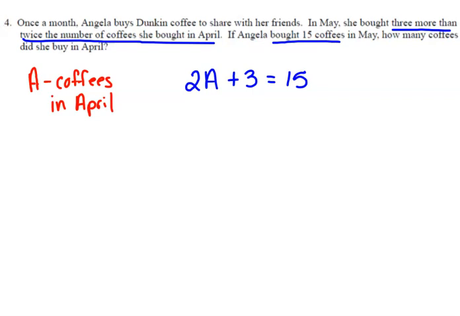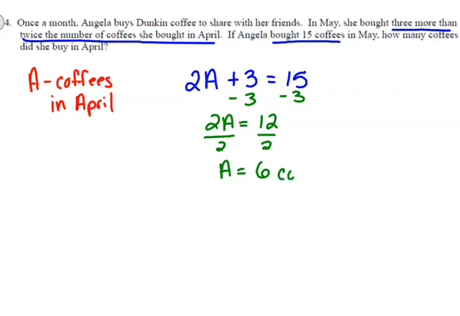So if I solve my equation, positive 3, so the opposite is minus, divide by 2, we get 6, so that is 6 coffees in April.